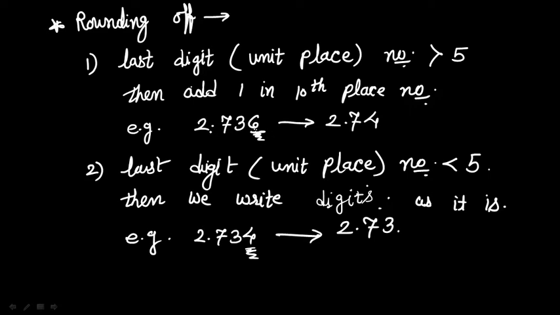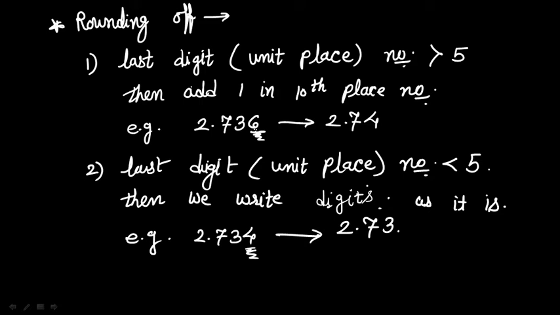Here, if we reduce this number to three significant digits, then we eliminate this 6. Therefore, this unit place number 6 is greater than 5, so we add 1 to this 3. That means here 2.74. We reduce this to 3 significant digits.